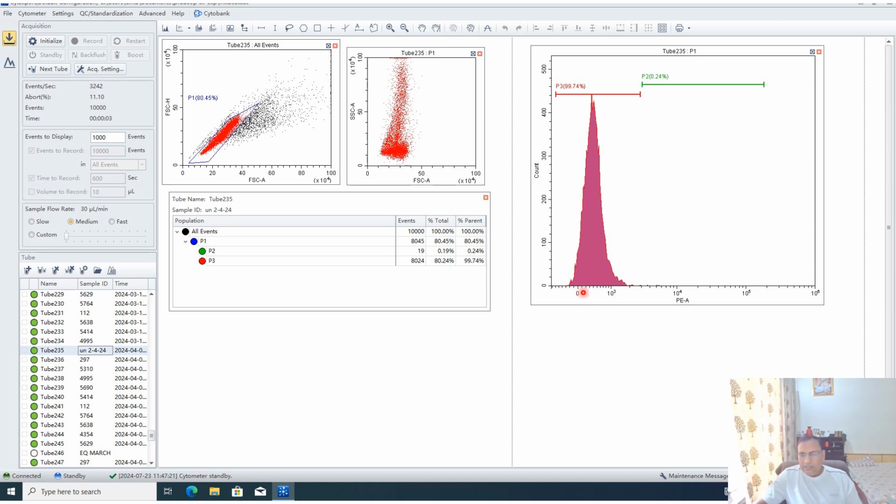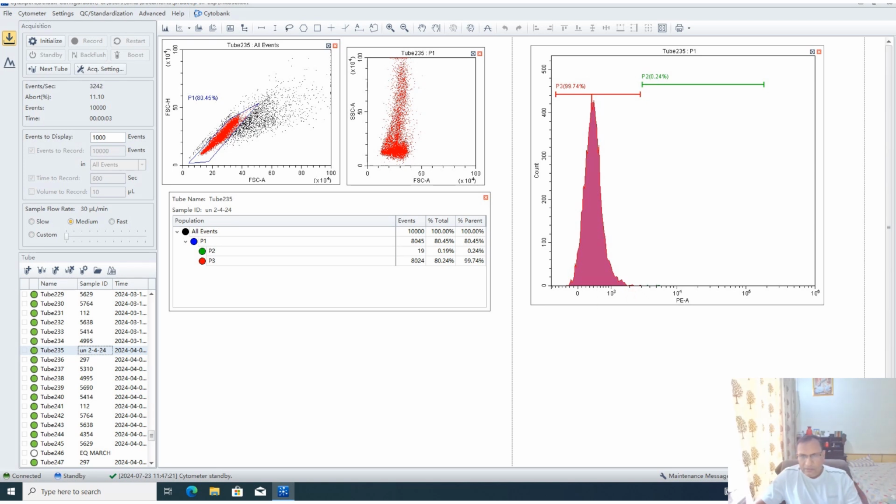Without stain, the autofluorescence intensity comes to more than 10 to the power 3. Cells with this intensity will be considered as no stain.